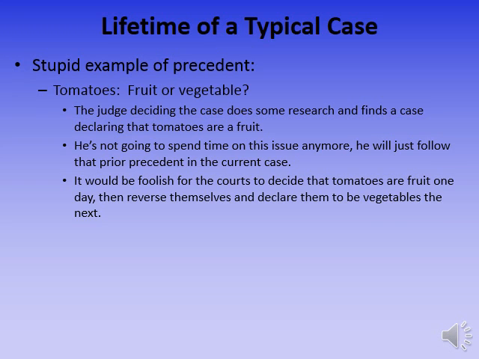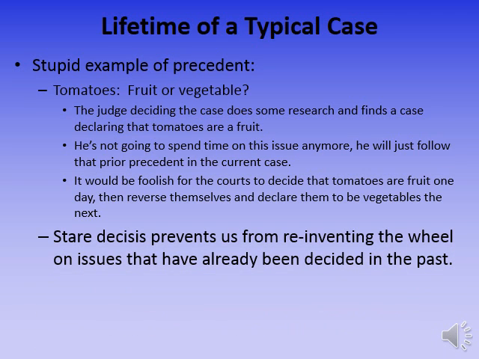That's kind of unhandy. So rather than contradict ourselves constantly, we will just follow that precedent. And so in this way, stare decisis prevents us both from reinventing the wheel on issues that have already been decided in the past and also contradicting ourselves, deciding in the same kind of case two different ways at two different times. And so that's how stare decisis can work.